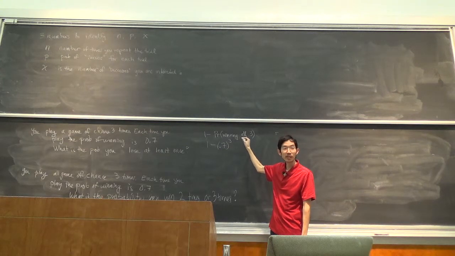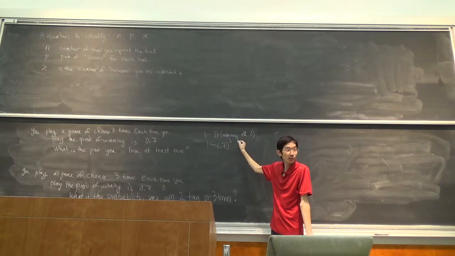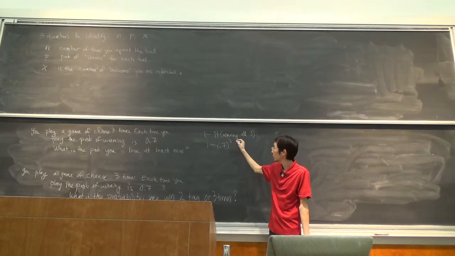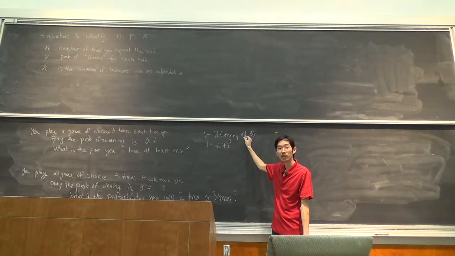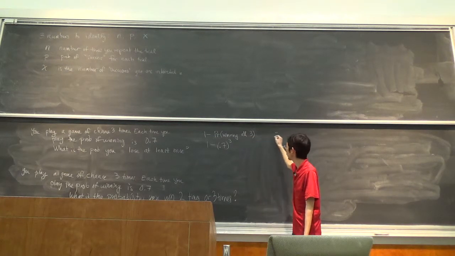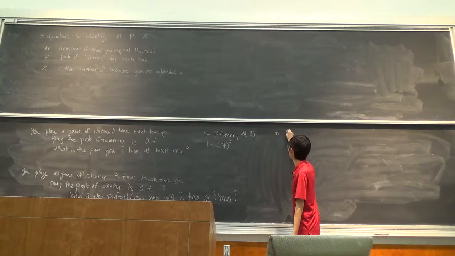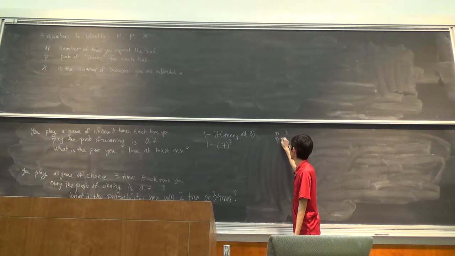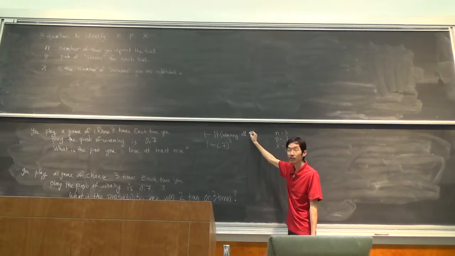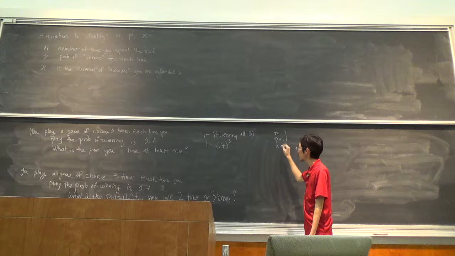Probability of winning 3 out of 3 is actually also a binomial problem. What would I have to look up for this one? N is 3, P is 0.7, and X is 3. Winning all 3 out of 3 is 3, okay?